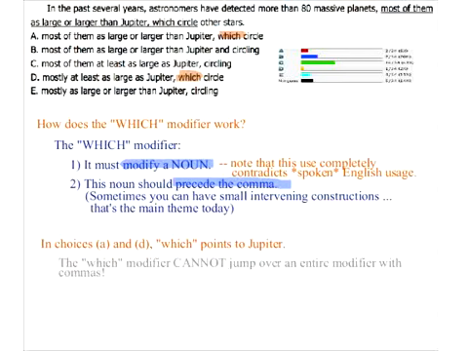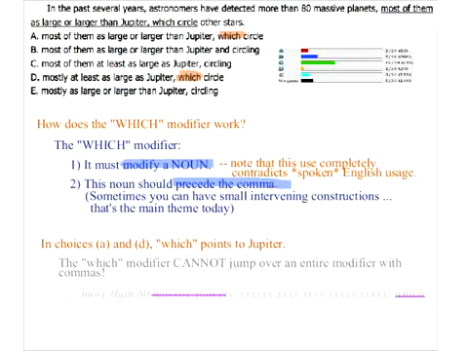The kind of sentence that we're looking at here is: blah, blah, blah, more than 80 massive planets, comma, a bunch of stuff, comma, which. You can't make this jump. So to the people who are saying massive planets, no, you're not allowed to do that.